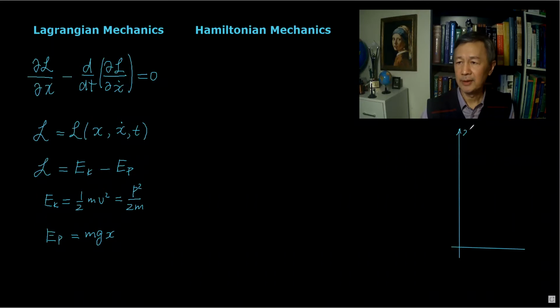You can consider this just as one-dimensional motion. So if the object stays here at position x, and this is ground, at this position the potential energy E_P can be simply written as mgx. Okay.